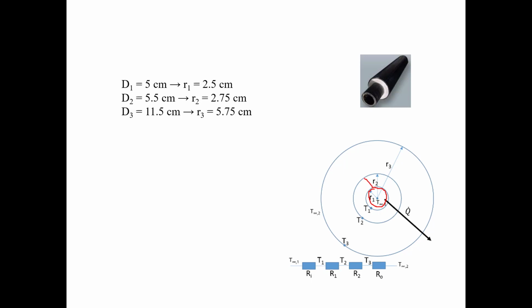And then you have the pipe wall, and then you have the outer surface of the pipe. Okay, and then outside that pipe you have the insulation itself, and then you have the third diameter of the pipe, and then after that this pipe is exposed to the air.